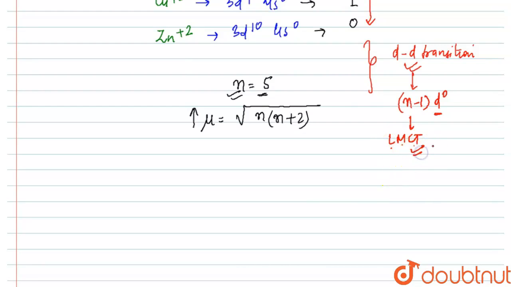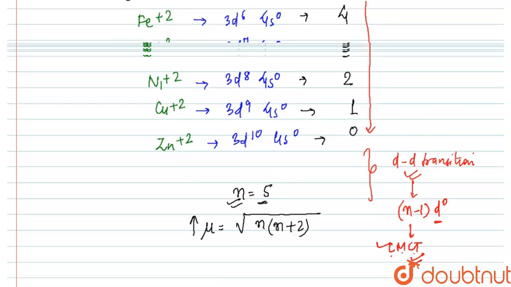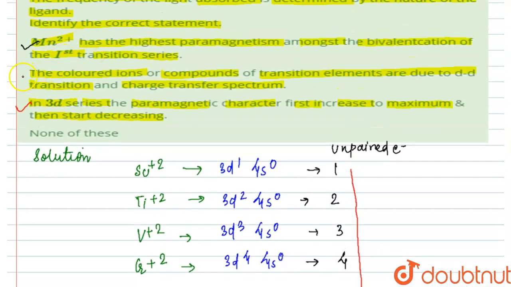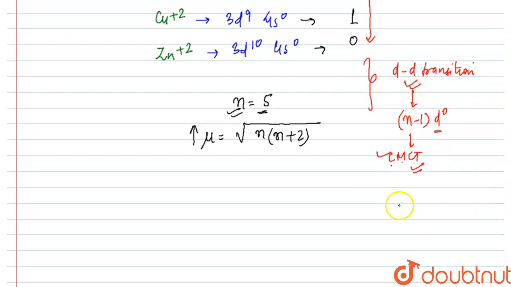Just because of the charge transfer, ions such as permanganate, chromate or dichromate ions also show color. So having said that, I can say that the second statement is also the correct one. The last one is false, and this is how we can understand and solve this question.